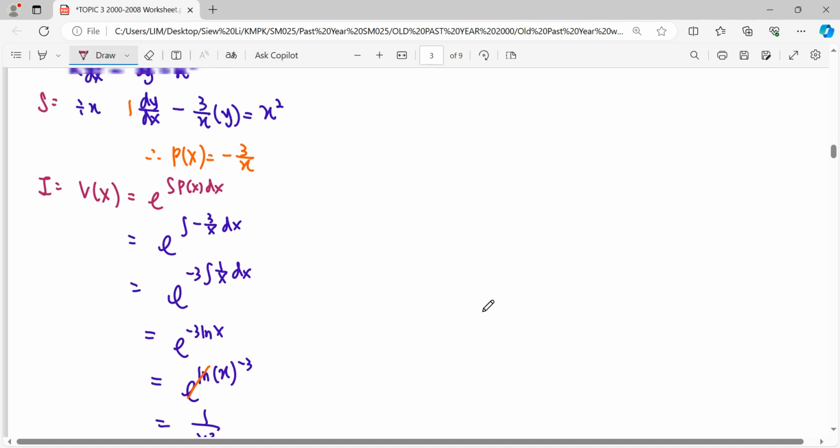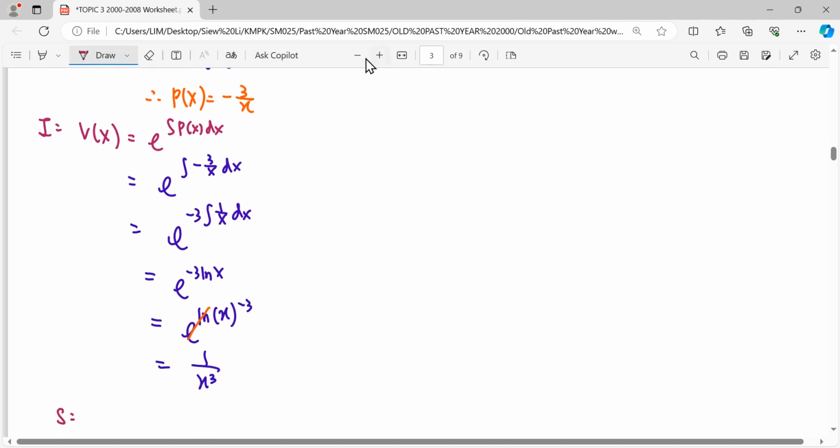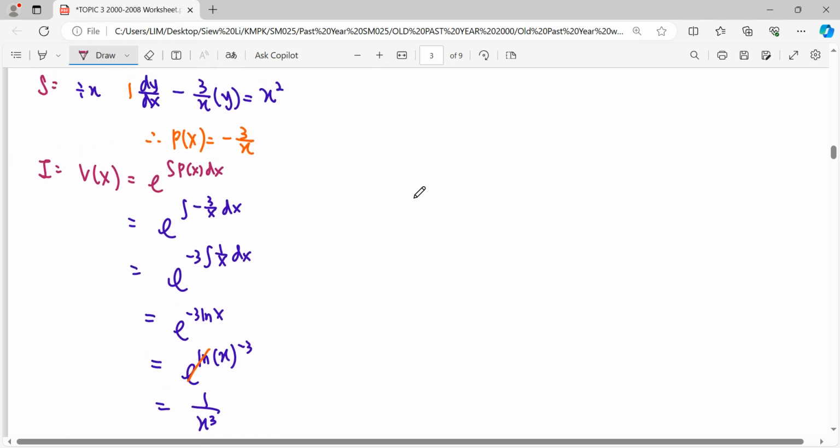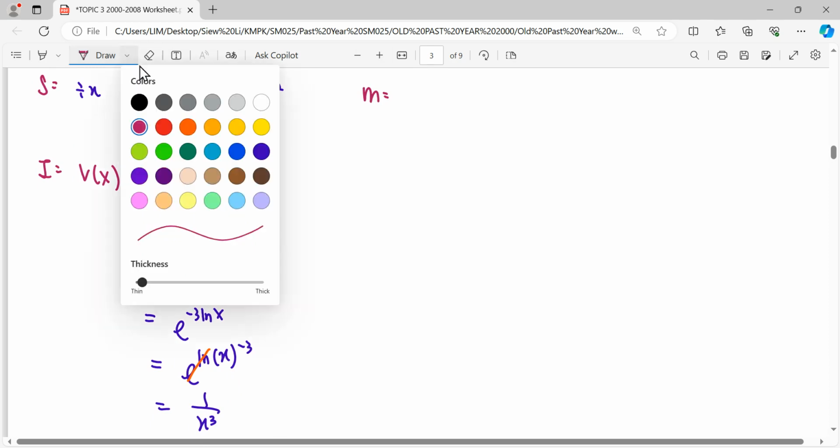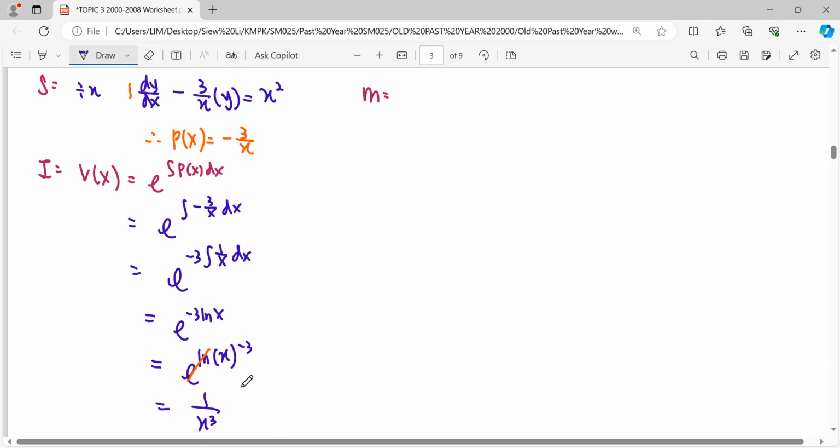Alright, for the next step, we continue with the M. M means multiply this integrating factor into the standard form. So we multiply 1 over x cubed to each term in the standard form here. Just rewrite the step only.